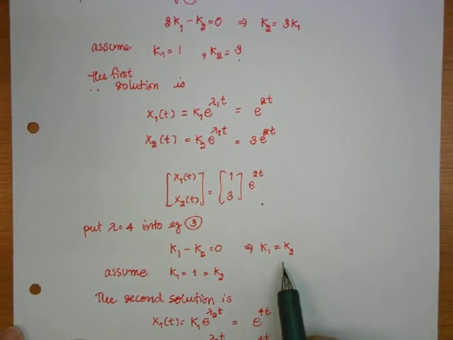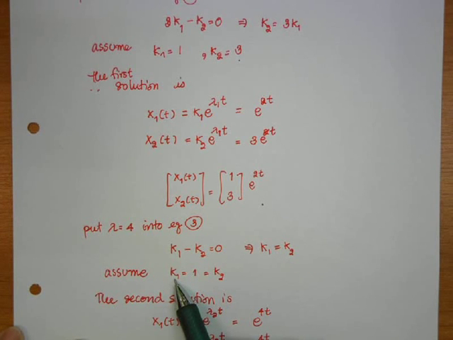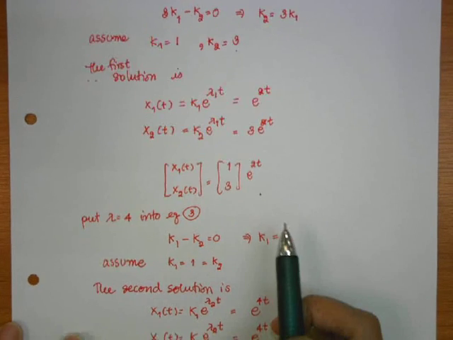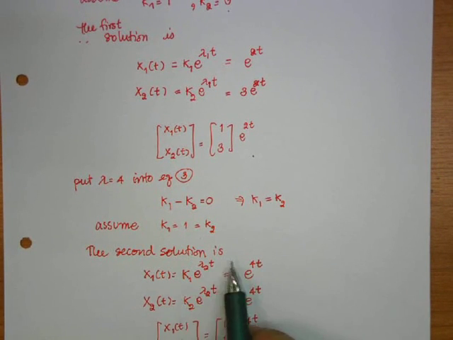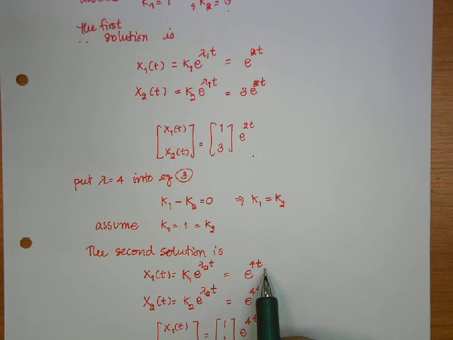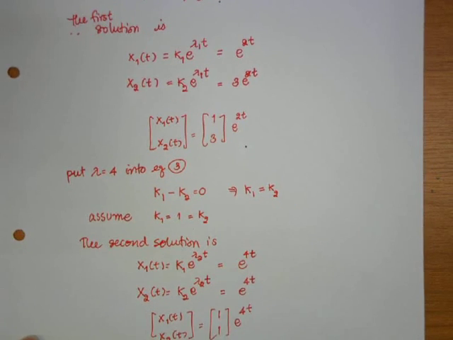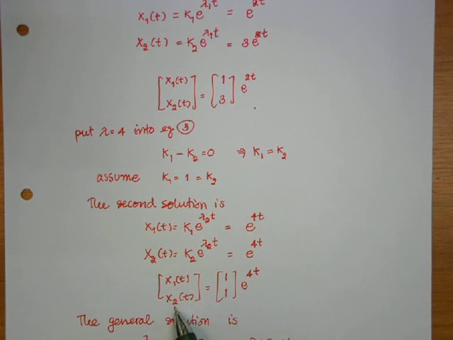So if k1 equal to 1, your k2 equal to 1 too. So your second solution would be x1 equal to exponential of 4t, and x2 equal to exponential of 4t, which is the same because k1 and k2 are the same. If you want to write it in matrix form, you would get this.